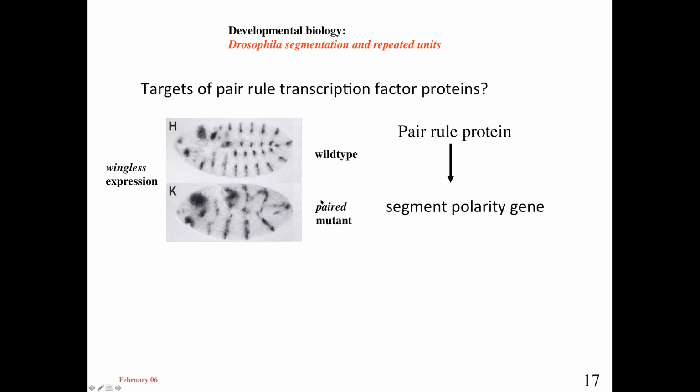So if paired is controlling wingless expression, then if you lose paired, the kind of phenotype that you see will also be recapitulated when you lose wingless. Now if paired is hierarchically more superior, there will be more phenotypes seen in the paired mutant that may not be seen in wingless, but still there will be phenotypic similarity.